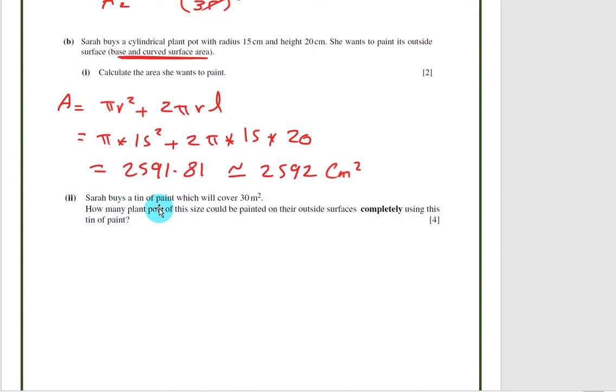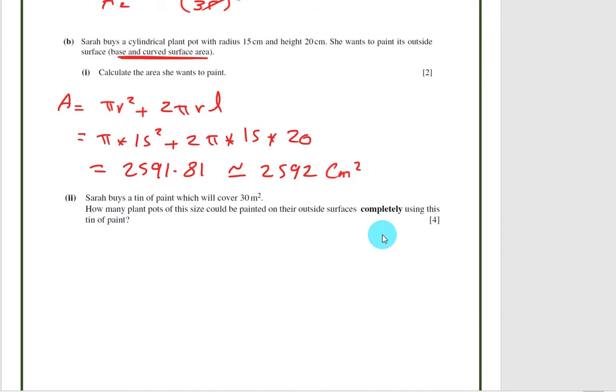Sarah buys a tin of paint which will cover 30 square meters. How many times should the pot be painted on this surface completely using this tin of paint?